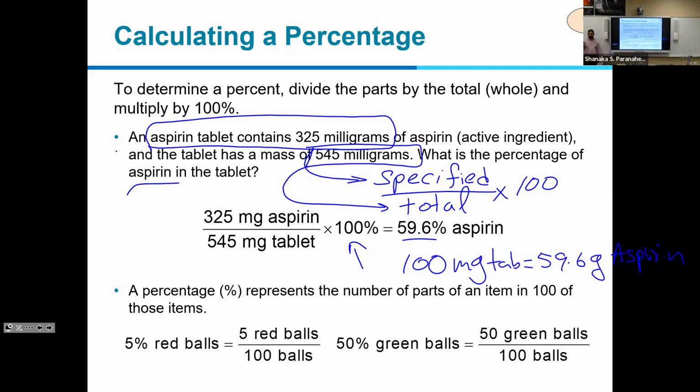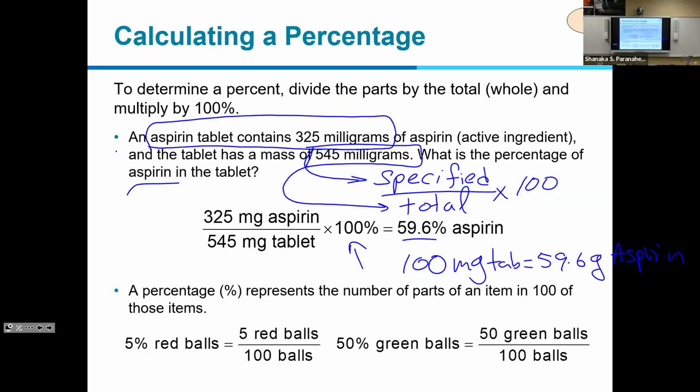So we can take it out of 100. Like this example, the percentage represents the number of parts of an item in 100 of those items. So if there's a bag with 100 balls, and the percentage of red balls is 5%, 5 of those are going to be red, and the remaining 95 are going to be different colors. So 50% green balls means 50 greens out of 100 balls.